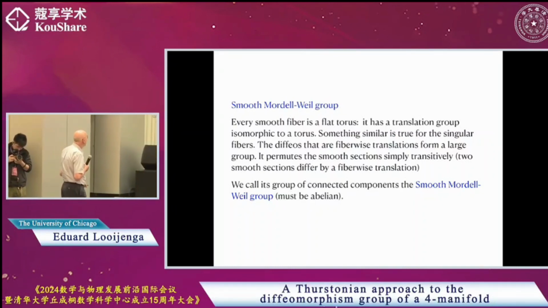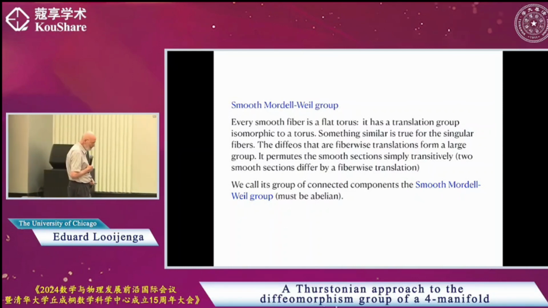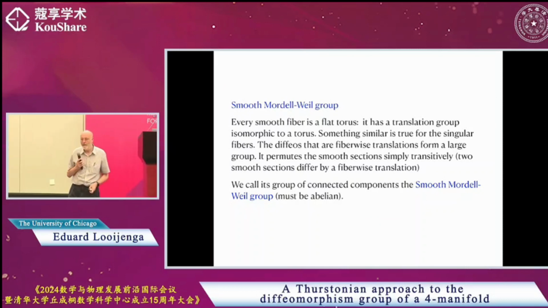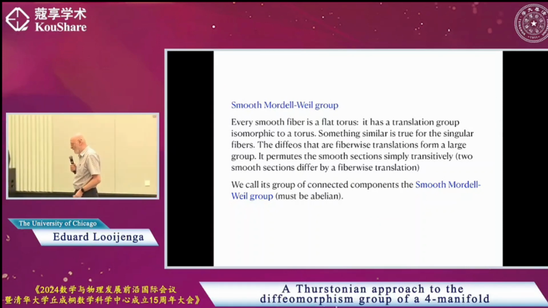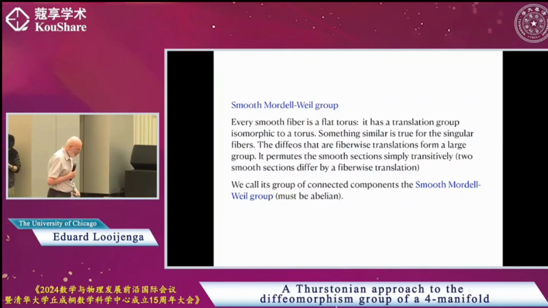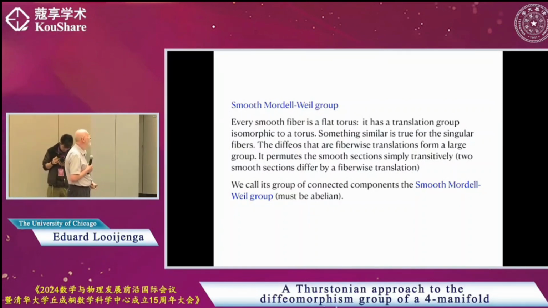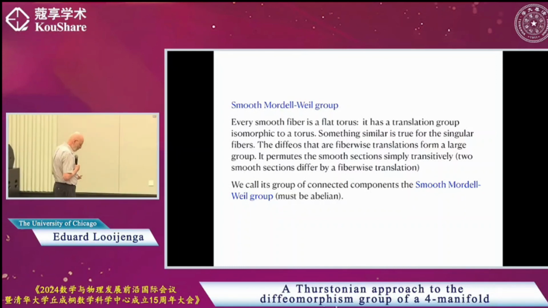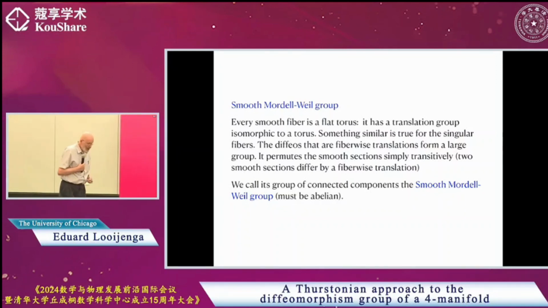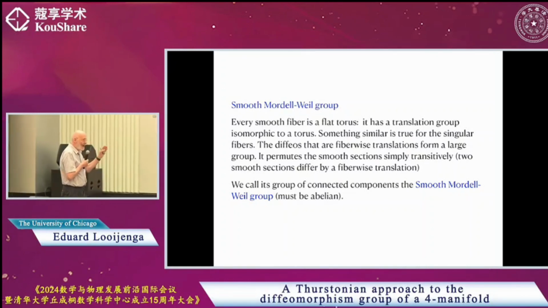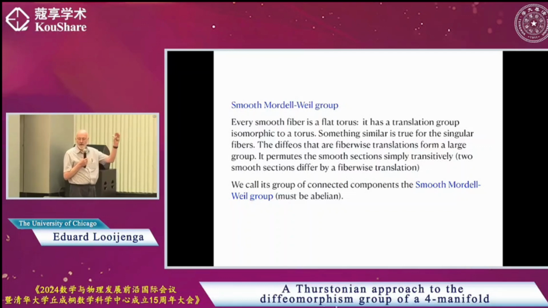Well, it leads us to introduce what we call the smooth Mordell-Weil group. And so what is the Mordell-Weil group in this case? A Mordell-Weil transformation is a diffeomorphism, at least for us, of such an elliptically fibered 4-manifold that in every fiber is just a translation.